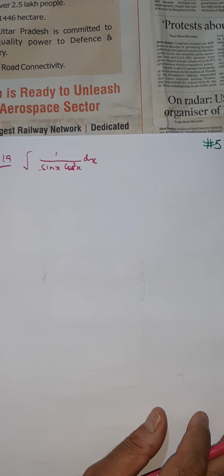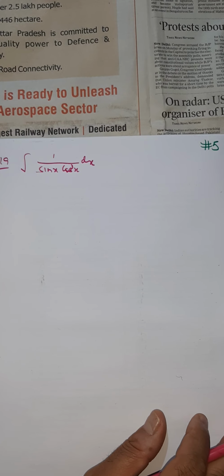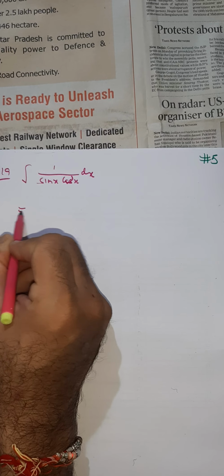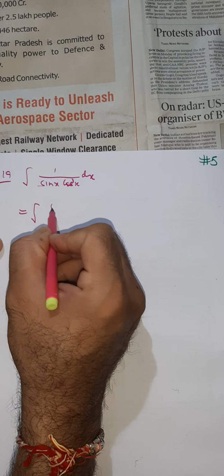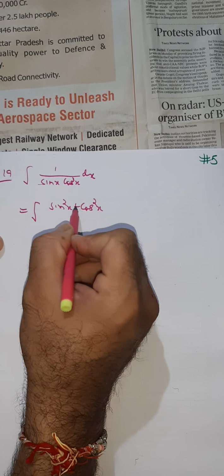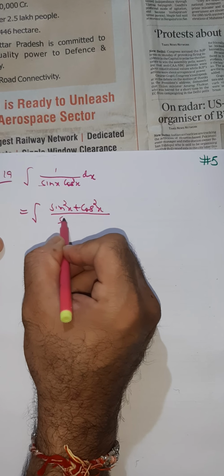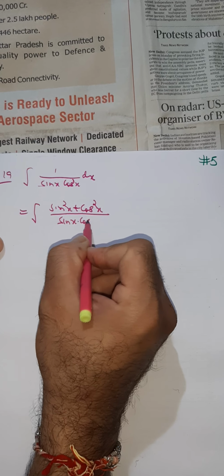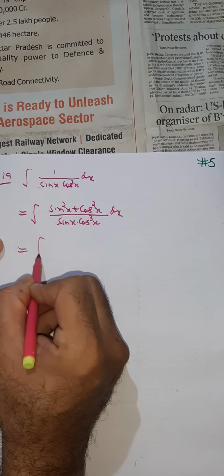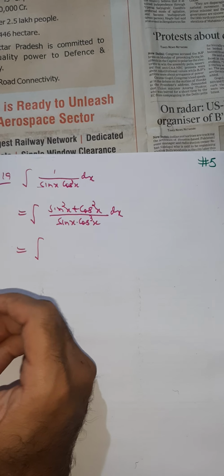So here, integral of 1 upon sin x into cos cube. So one way is probably, instead of 1 you can write sin square plus cos square. If you remember, we did such questions earlier. What I did, instead of 1 I wrote sin square plus cos square. Now do individual division, this upon this.